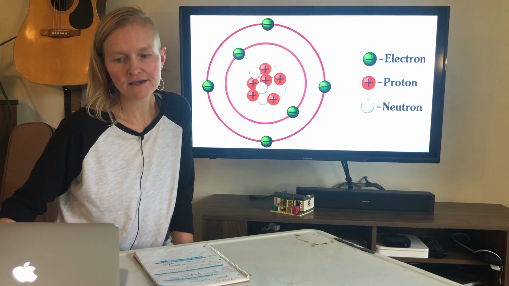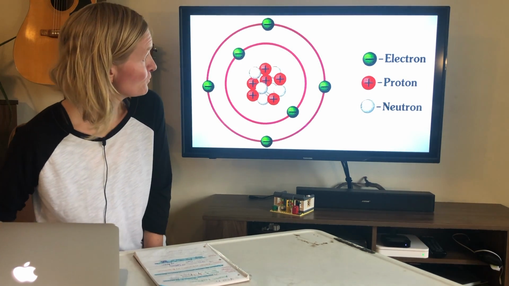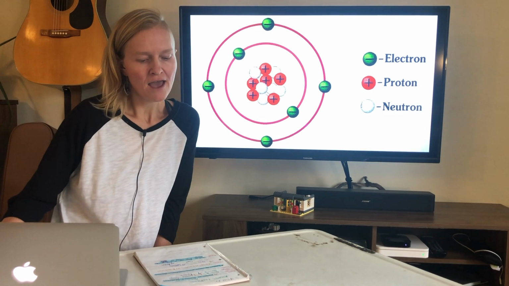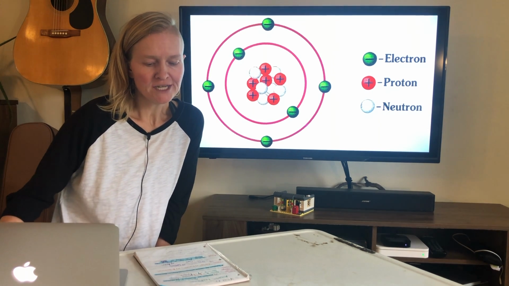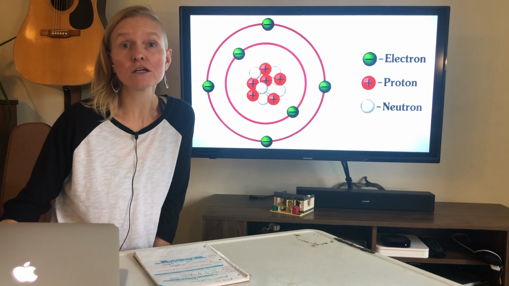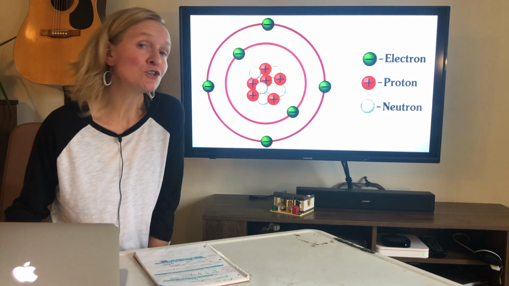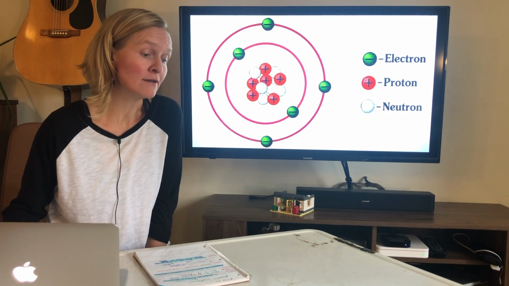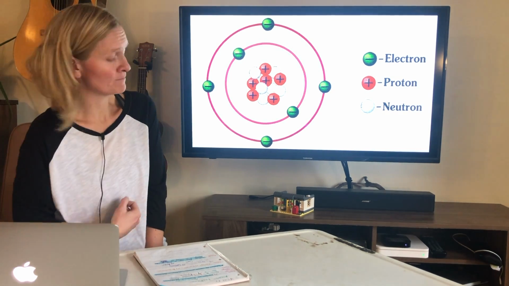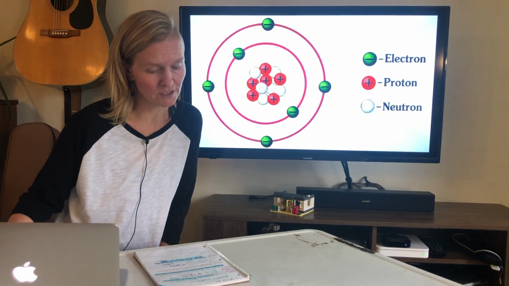And here is, again, the atom of carbon that we had a look at in our first video for this week. So if nitrogen loses a proton, it is no longer nitrogen. Actually, if nitrogen were to lose a proton, it would become carbon, because carbon has 6 protons in its nucleus.